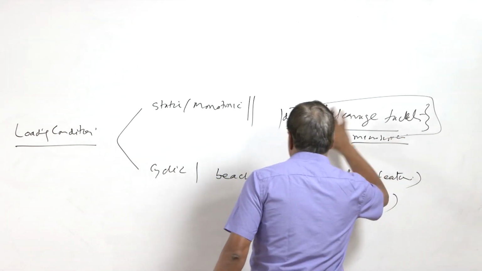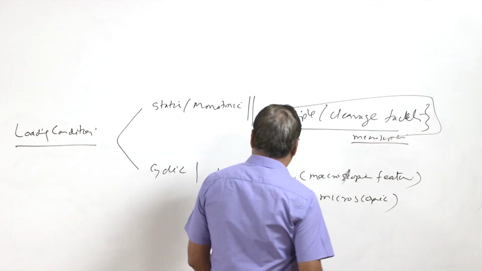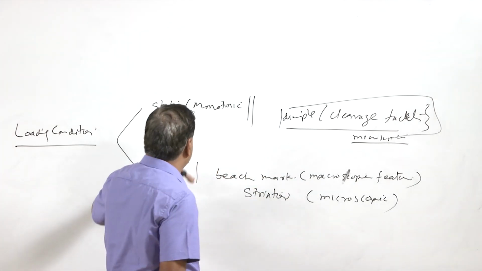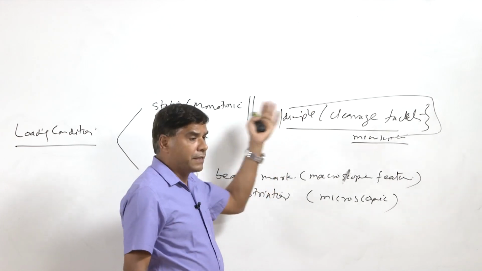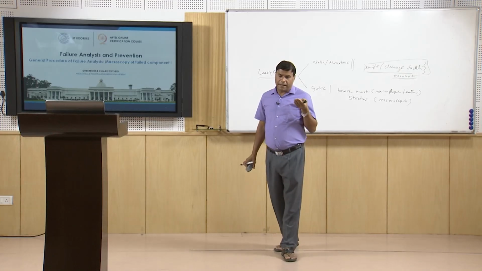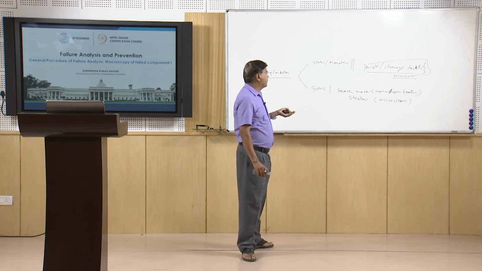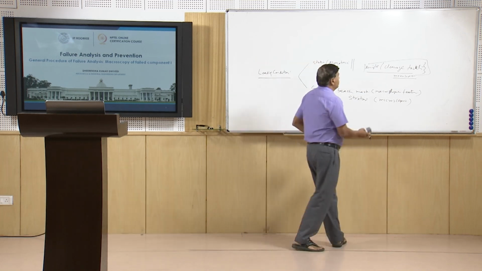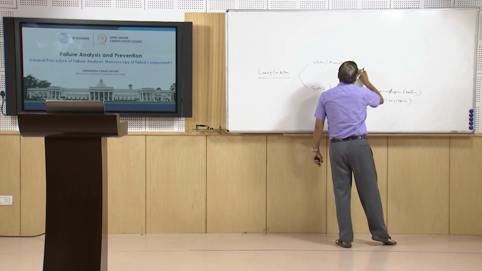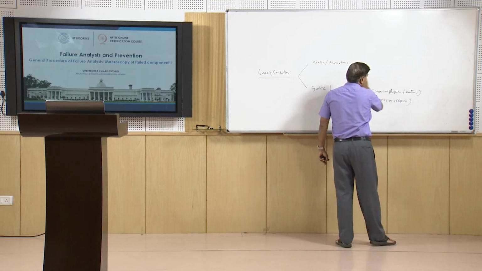But these features are different from what we get on the fracture surface in the form of beach marks or striations for the cyclic load, and there is no special feature as such which can be observed using the naked eye or macroscopic observations to say that this is monotonic loading.